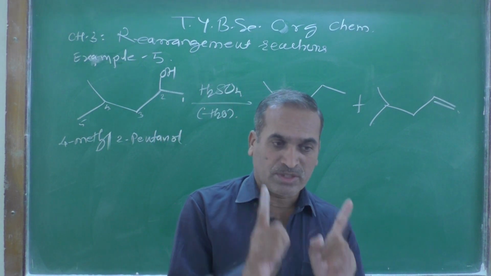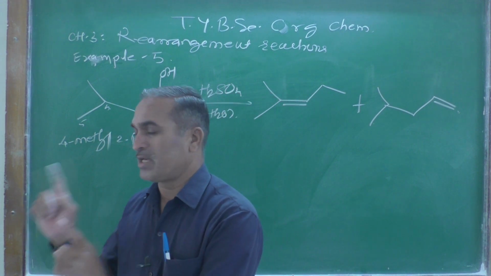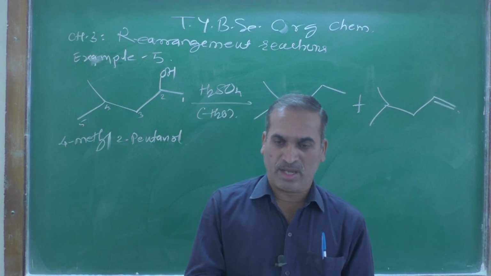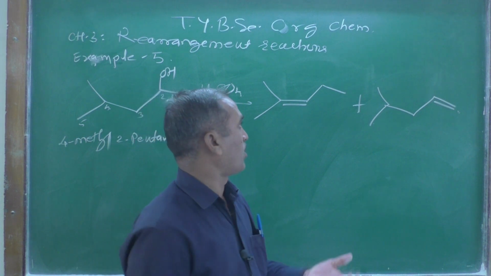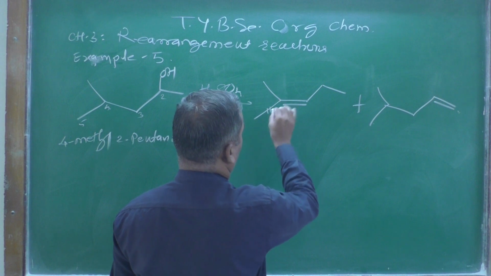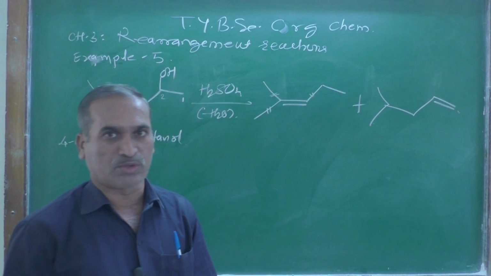Again follow the CH-3 rule. What is that CH-3 rule? In an elimination reaction, the more substituted alkene is obtained as the major product. Look again here, if you observe the structure, there are 3 substituents present.